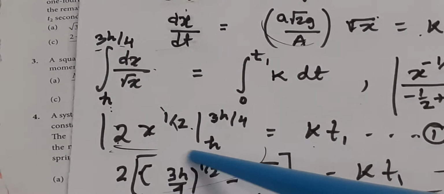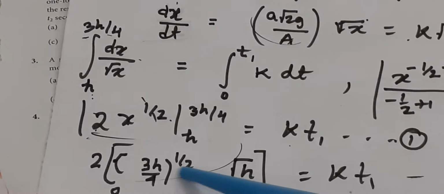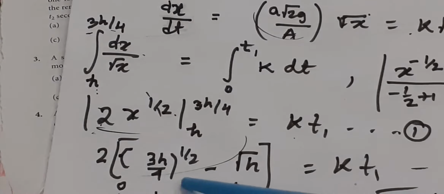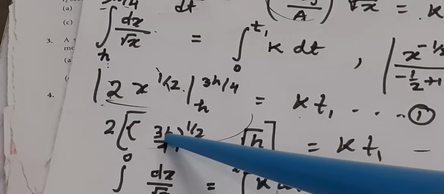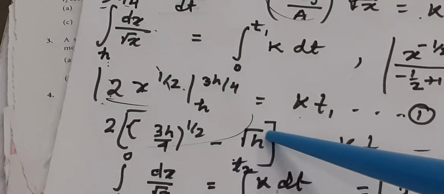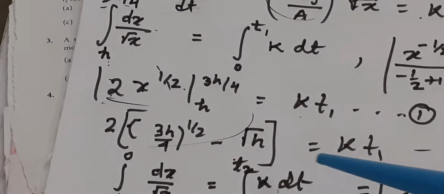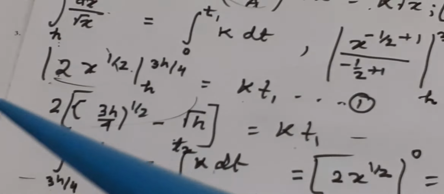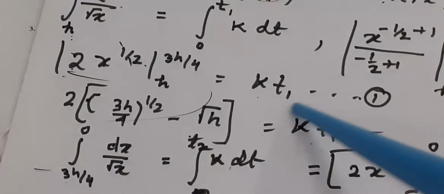After putting this limit we can get the final expression like this: thrice h by 4 whole to the power half minus root under h will come, then take out h, will take care of it when we do the ratio.